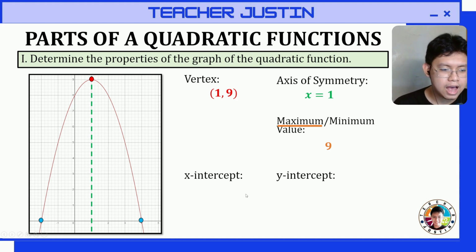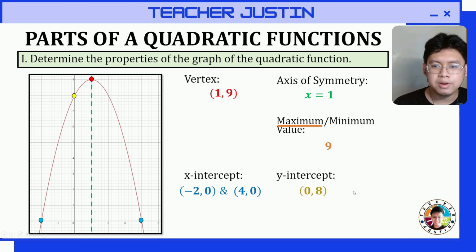So, we have the location negative 2, 0 and 4, 0. So, dalawa yung ating x-intercept. Okay? Tapos, yung y-intercept naman, it is located here. Okay? So, yung coordinate ng y-intercept natin is 0, 8. And that's it. That will complete our parts of our quadratic functions given the graph.